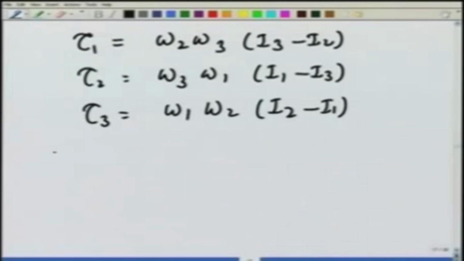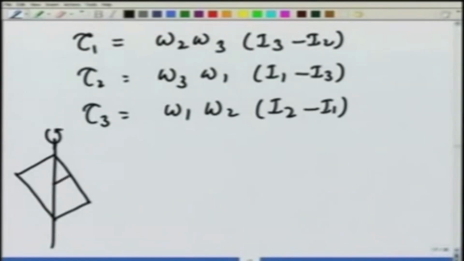Again recall, this is the way the rectangle is. Since omega is this way, this is 1 at this point, this is 2, 3 is this way, omega 3 is 0, so this comes out to be 0, this comes out to be 0.